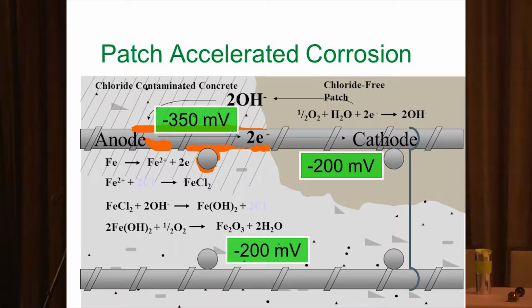You may have areas that only have 350 millivolts of electrical potential, but the problem is they're right next to the patch, and what's typically going to happen is you're going to get corrosion around the perimeter of the patch. This is what's known as the ring anode effect or the halo effect. Most of the people in this room have probably seen it at some point, and it's a significant problem.